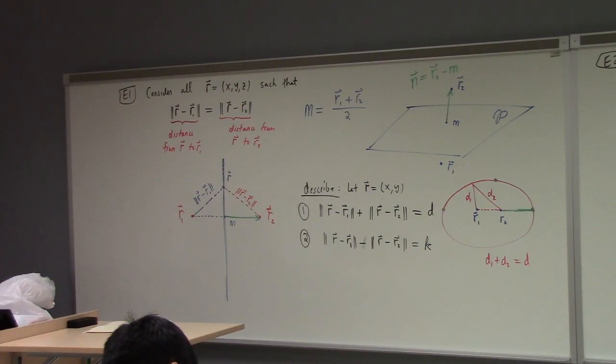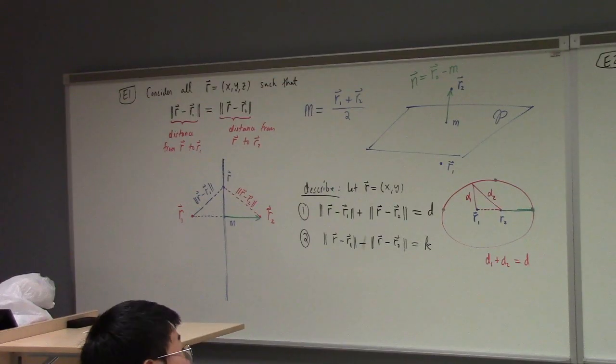Now, if I FOIL this all out, I've got x squared minus 2x plus 1 plus y squared minus 2y plus 1 on the left-hand side. On the right-hand side, I've got 1 plus the radical of x plus 1 squared plus y plus 1 squared. And then, of course, that FOILs out to x squared plus 2x plus 1 plus y squared plus 2y plus 1.